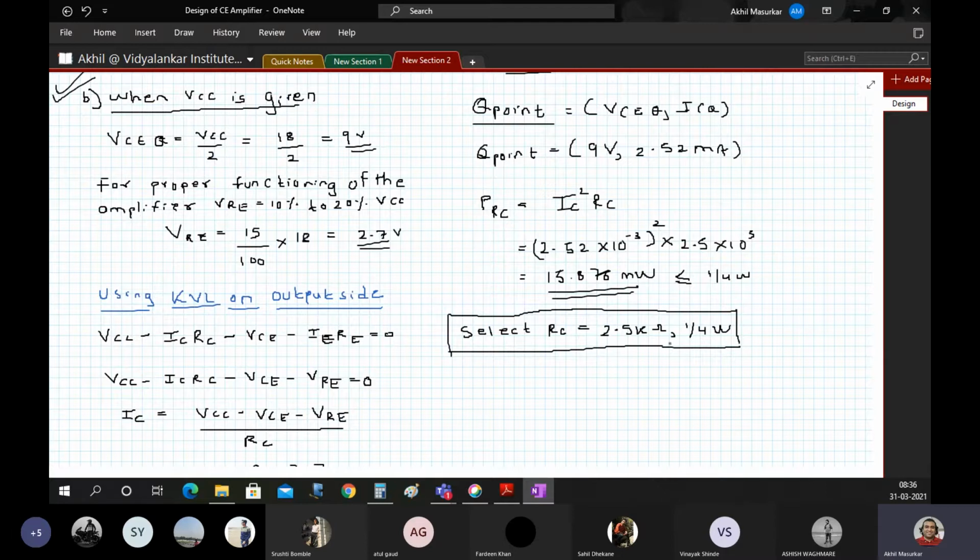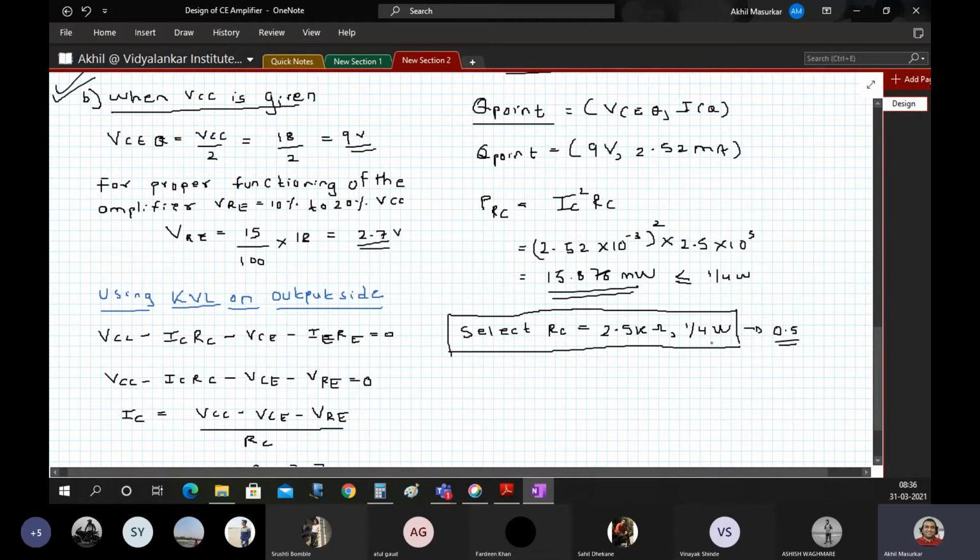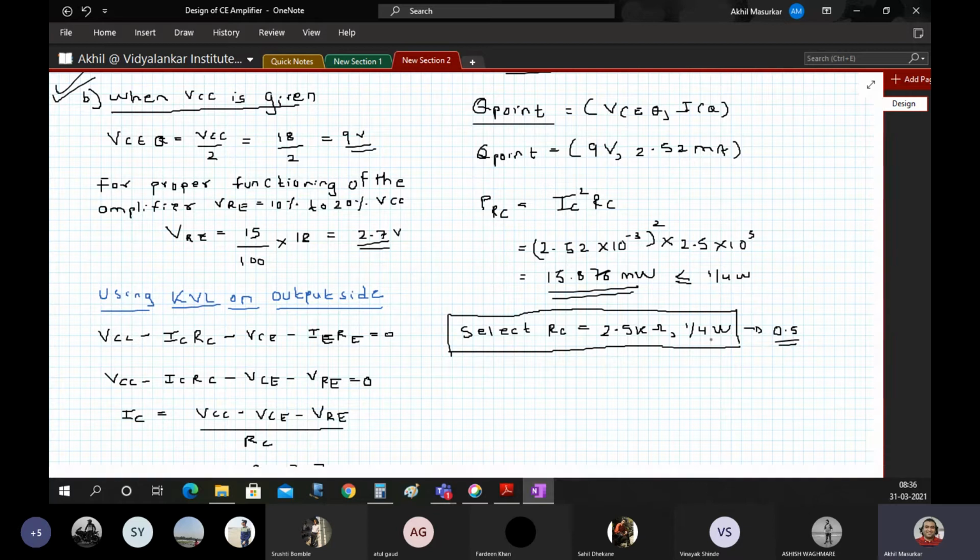Let us say if this resistance comes for 0.5 rupees, a 2 watt resistance would come out to be something like 5 or 6 rupees. So it's almost 10 times the cost. That is why, as a designer, you should know the power rating so that you can save the cost.